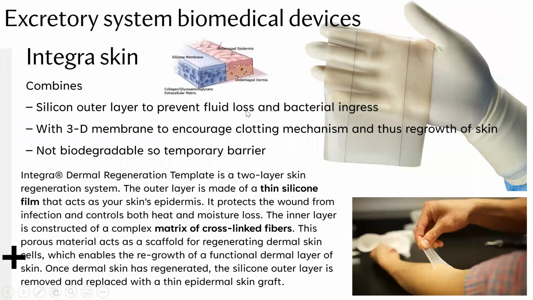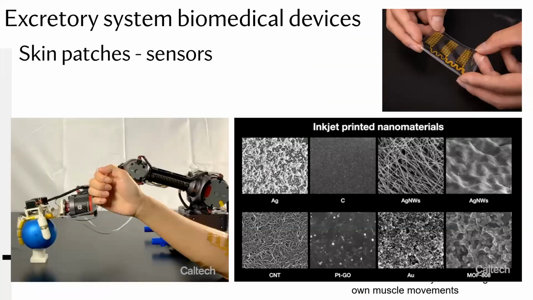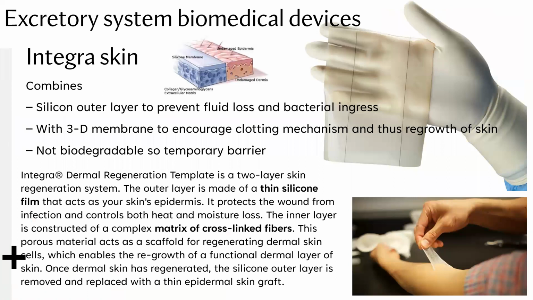And these are a couple of examples. So these were a couple of examples of smart devices used in skin patches. And with that, it's now a good time to also talk a little bit about skin patches that are used for regeneration. A good example here is the Integra skin.